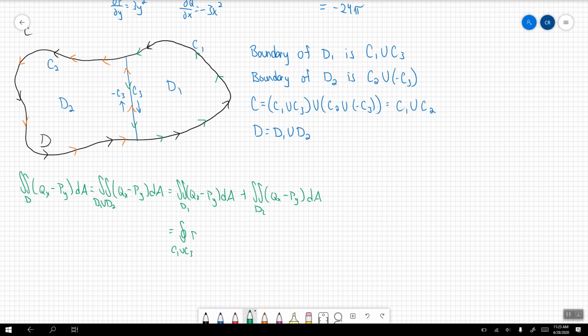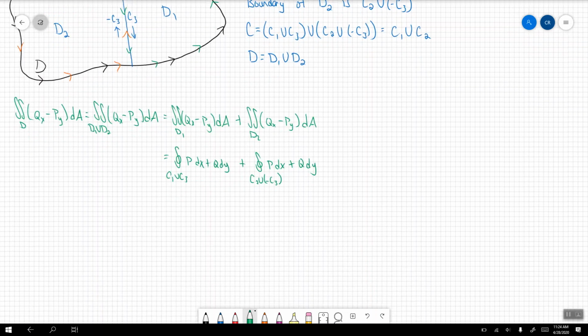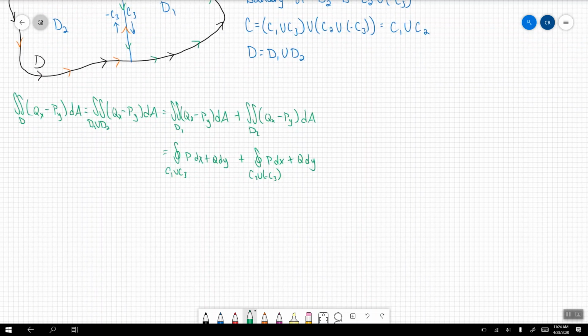And that's going to be for P dx plus Q dy, plus this second line integral for region D2, which is closed off by curve C2 union negative C3. And that's going to be once again for P dx plus Q dy. Now I want you to start to see what's going to happen here.